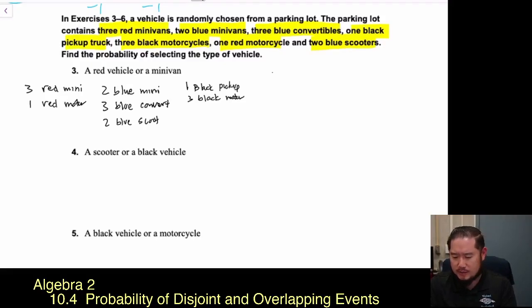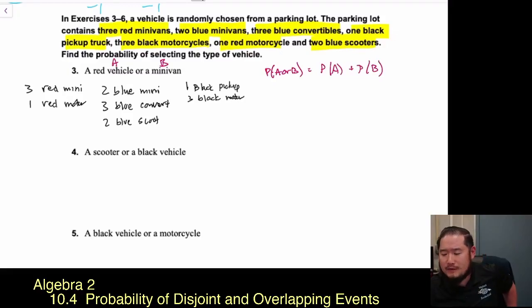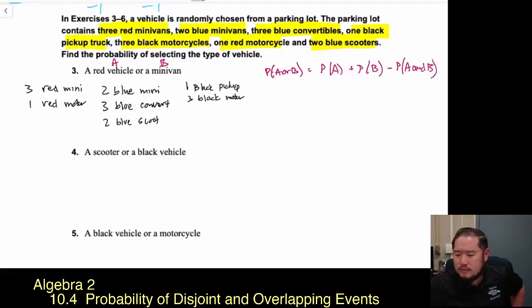Remember, our equation is the probability of A or B. A being the red vehicle, the probability of a minivan being B. That is equal to the probability of the red vehicle, which is A, plus the probability of the minivan, which is B, minus the probability of the overlap, A and B. So I think it's important for us to first figure out how many vehicles we have.